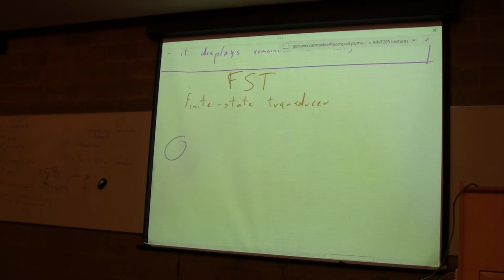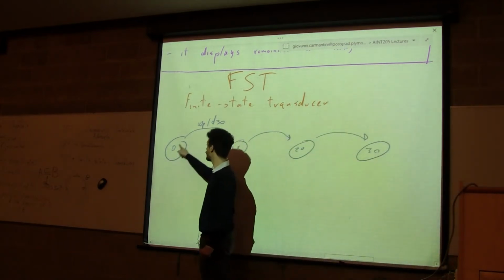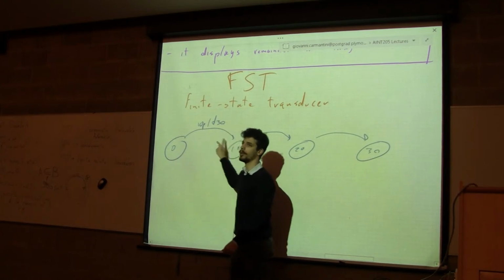0, 10, 20. So I will build it, and for example, you input 10p, 10 pence. The machine displays that you still have to give it 30. So this is the notation. At each transition, you don't just go into another state.